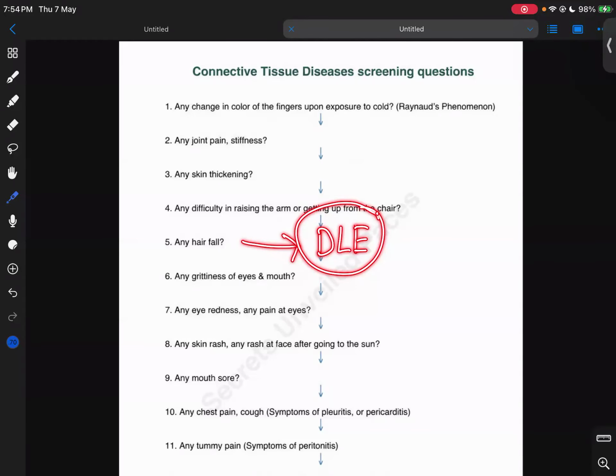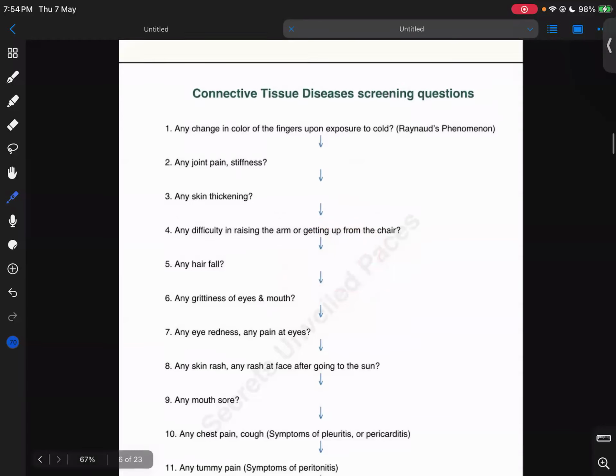The examiner was expecting the candidate to check in between the hairline whether there is any lesion or not. Got your point, doctor? Yes, sir. Thank you. Okay, most welcome.